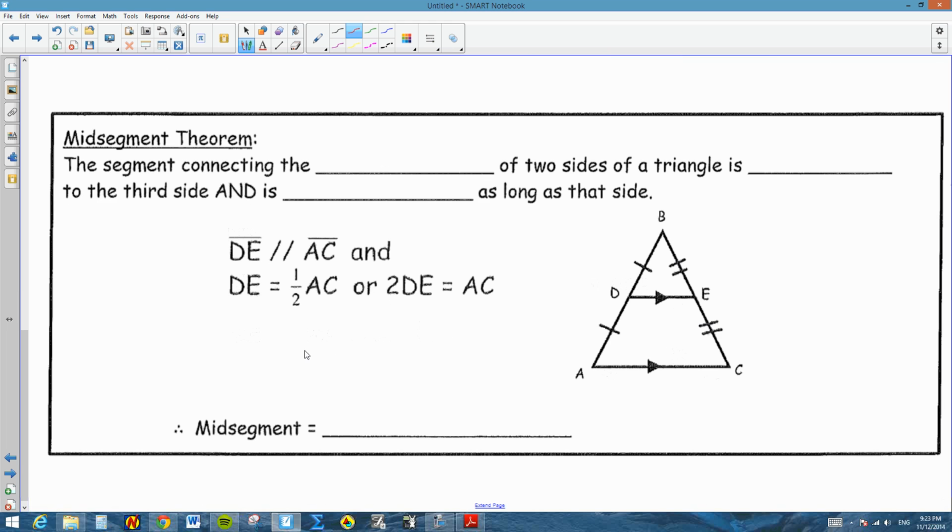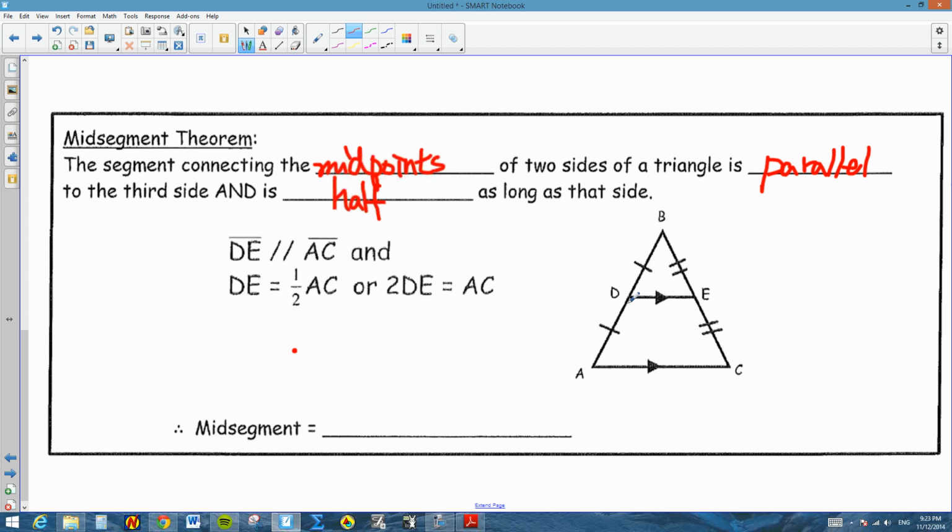Next one, the mid-segment theorem. So this is a theorem. The theorem says the segment connecting the midpoints of 2 sides of a triangle is parallel to the 3rd side and is half as long as that side.